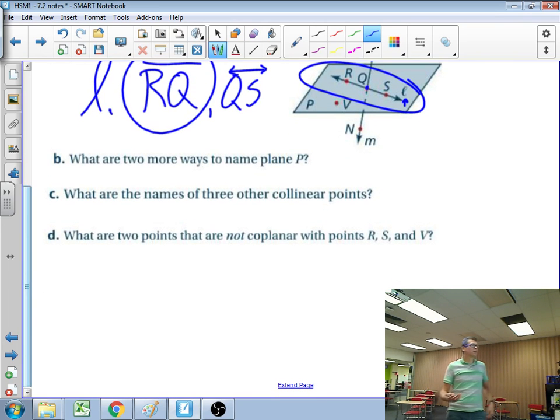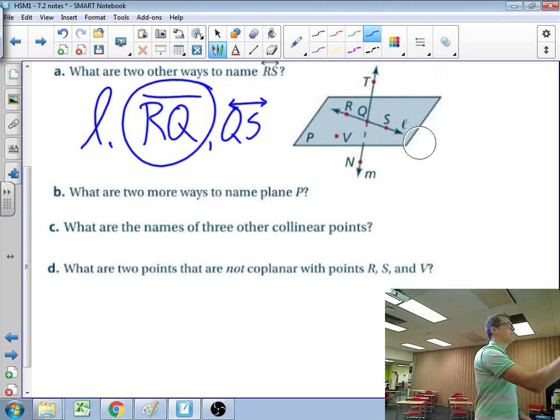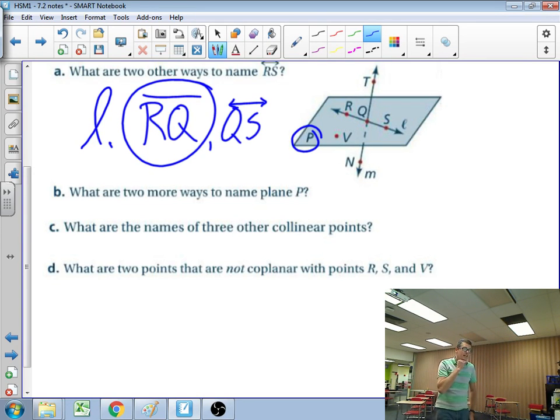B asks, what are 2 more ways to name plane P? So plane P is plane P because we see this P right here. It names the plane, and it doesn't attach to a point, so we know that must be what it is. But if we're really looking at renaming that, a plane is a connection of 3 points that are not collinear. Because if I have 3 points that are all collinear, let's say R, Q, and S, that doesn't necessarily make a plane, it makes a line.